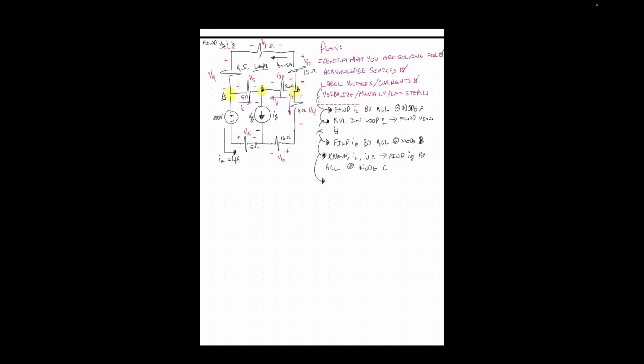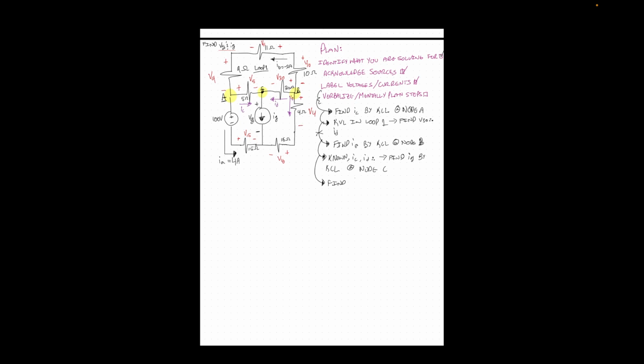From here, I'm going to find VG, find my VG by a KVL in loop, I'm going to call this loop 2, L2. All right. Once I've done that, I've found IG and I've found VG.